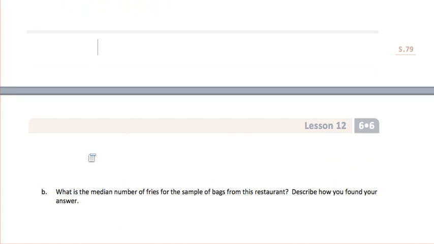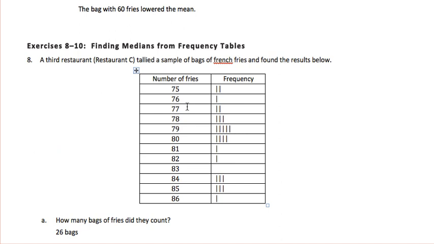The median number of fries for the sample of bags from this restaurant, and this data is in order from least to greatest. So if there are 26 bags, we would need to find the average of the two middle numbers.